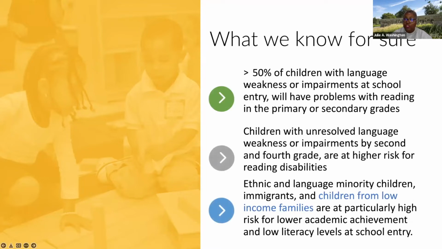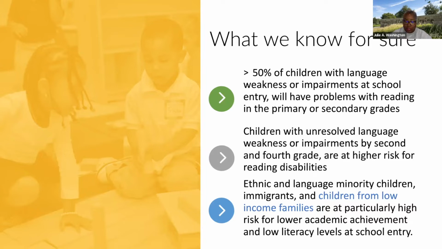What we know for sure, those have been our assumptions, and we actually know some of those things for sure. But what we definitely know about language and reading is that more than half of kids with language weakness or language impairments when they get to school will have problems with reading in the primary and secondary grades.